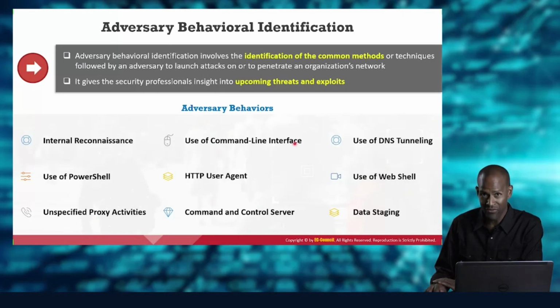Or what if one of those employees' accounts is using the command line, using PowerShell, maybe not using a web browser, but some other type of HTTP user agent to access resources somewhere else in the company? Or maybe some user account or computer on that floor is sending information out to a command and control server, a known feature for attack groups.